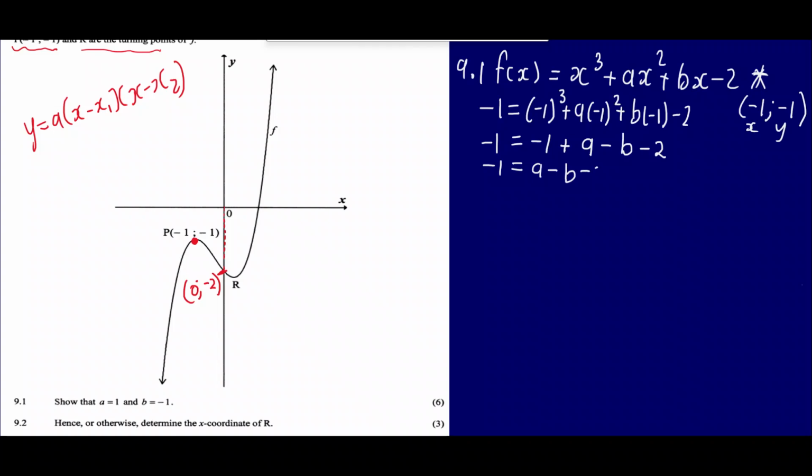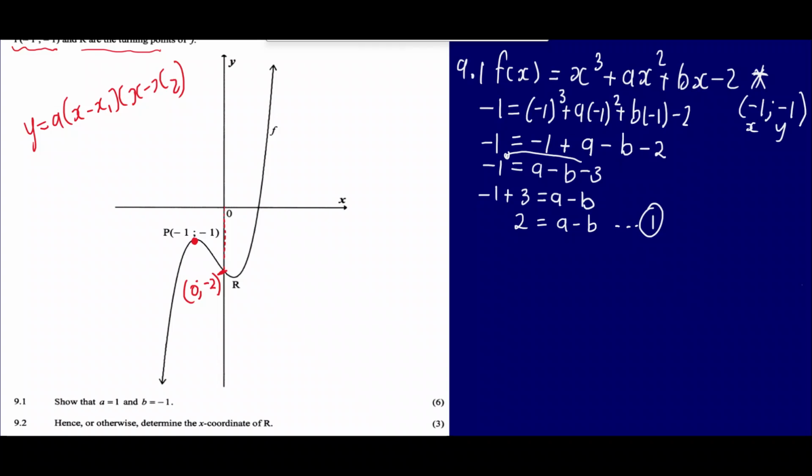Punch -1 -2 on the calculator, you'll get -3, right? Transpose -3 to the right hand side, we'll get that -1 plus 3 is equal to a minus b. So this is one of the equations we have here, and it's equation number 2.